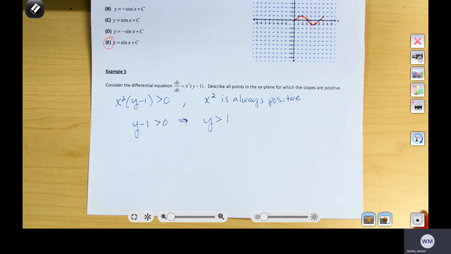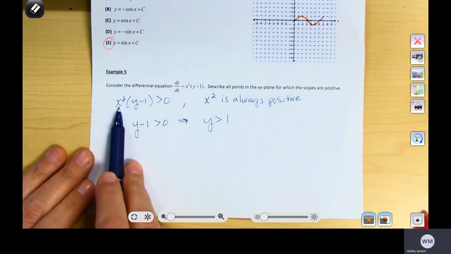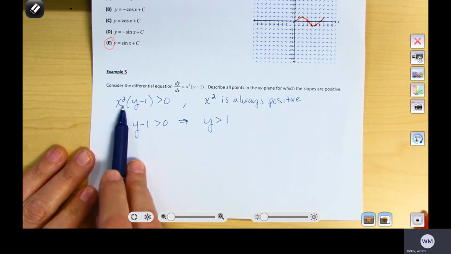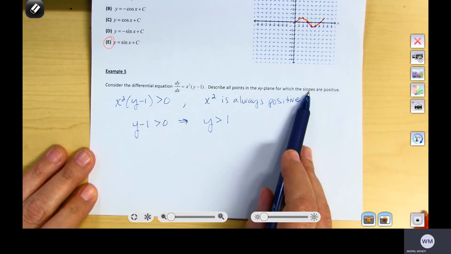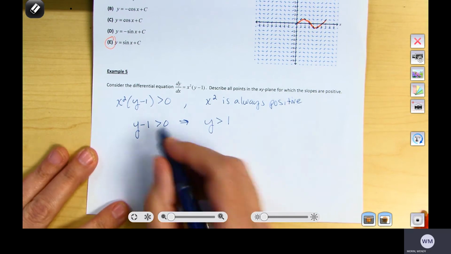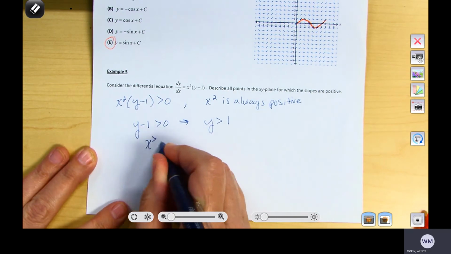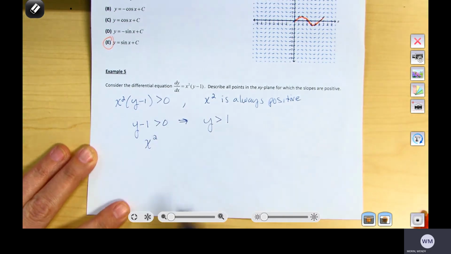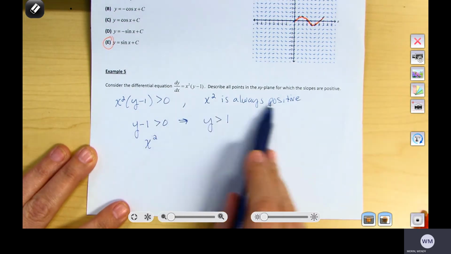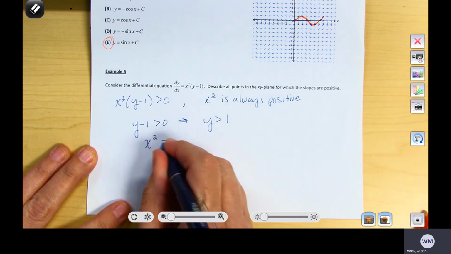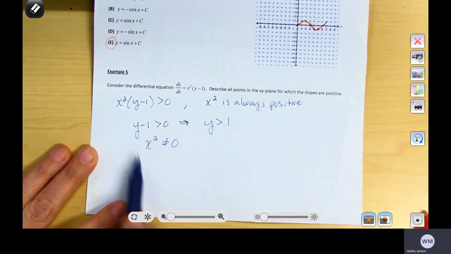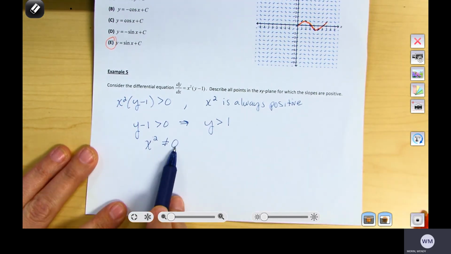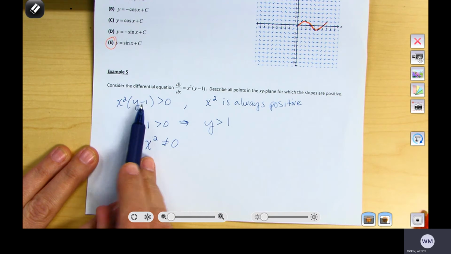So what else must have to be true? Well, neither one of these can be 0, right? Because we want our slopes to be positive, and 0 is neither positive or negative. So x squared is not only always positive, but it cannot equal 0, because at any time x squared is equal to 0, 0 times anything is going to give you 0.